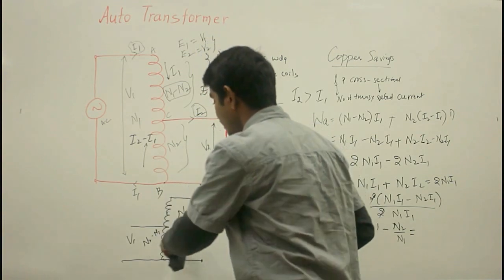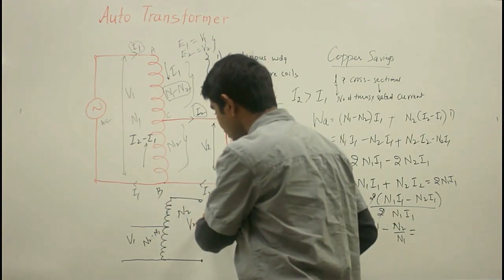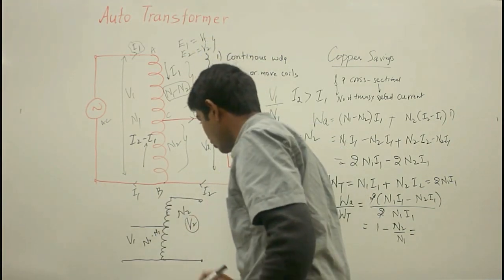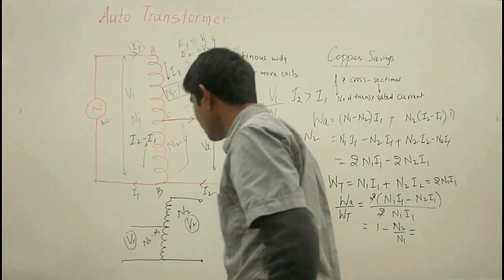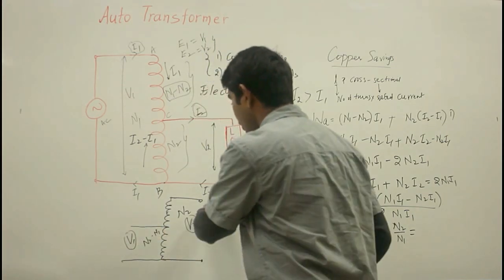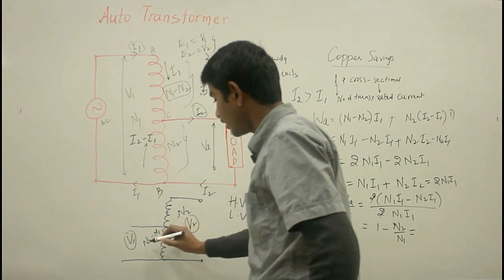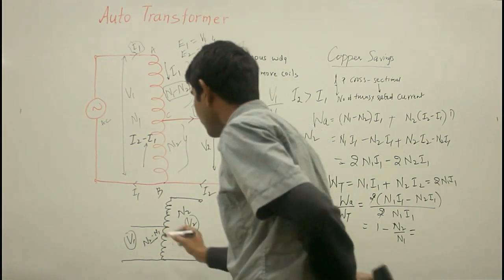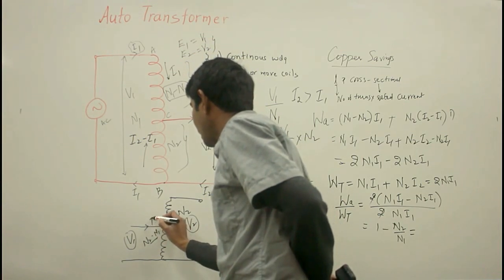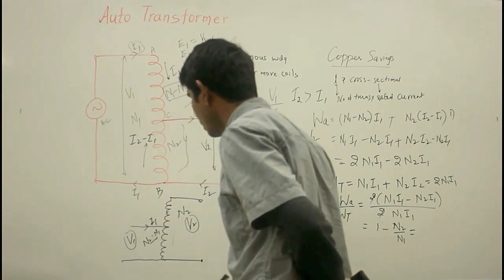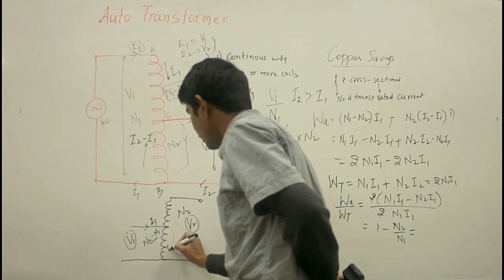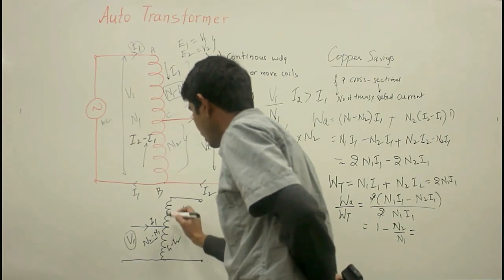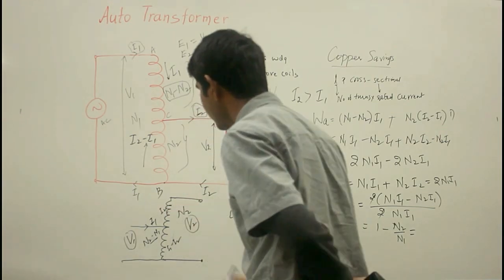So these are the turns for the step up transformer, and this is the voltage at your secondary side, and this is the voltage V1 at the primary side, and N2 is the number of turns of this winding, and N2 minus N1 are the turns in this winding, and I1 will be the current. So here you are having I1 minus I2, and this will be I2 current flowing in this section.